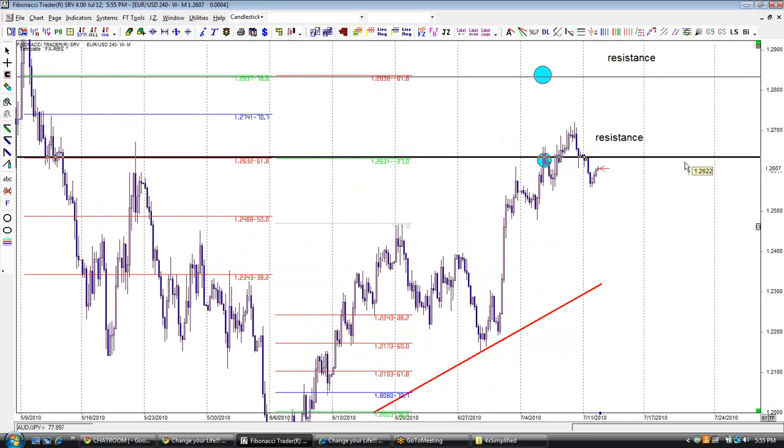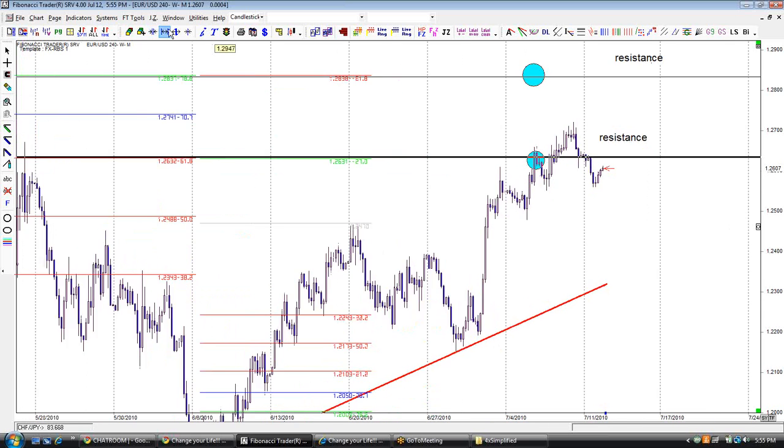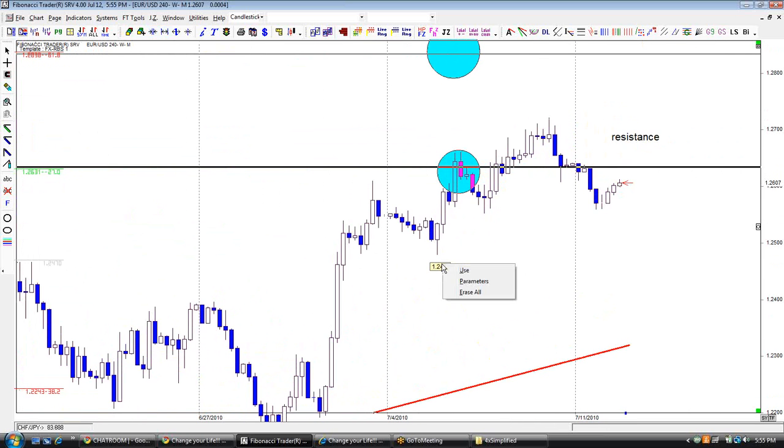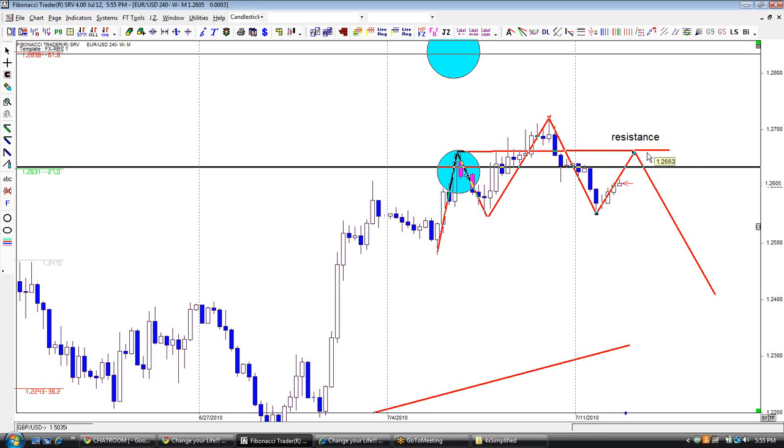Now what we can see forming, I'll zoom in. Here, if you guys are noticing, price is trying to form a bearish head and shoulders. A left shoulder, and the right shoulder is expected somewhere at 126.60.